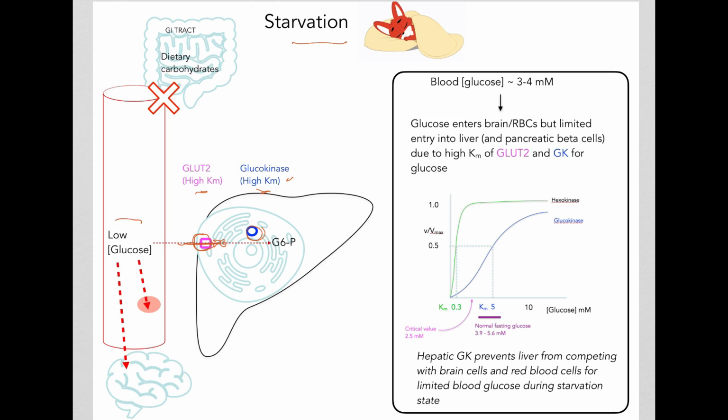Therefore, the small amount of glucose is really not entering the liver cells appreciably, and instead it will enter the other cells that desperately need glucose, and that's especially the brain as well as the red blood cells. The brain and red blood cells have hexokinase enzymes with very, very low Km, and therefore they should be able to take in this limited amount of glucose during starvation periods.